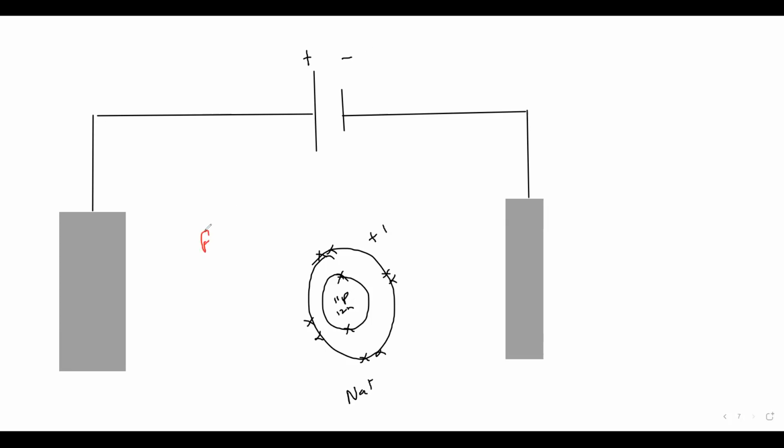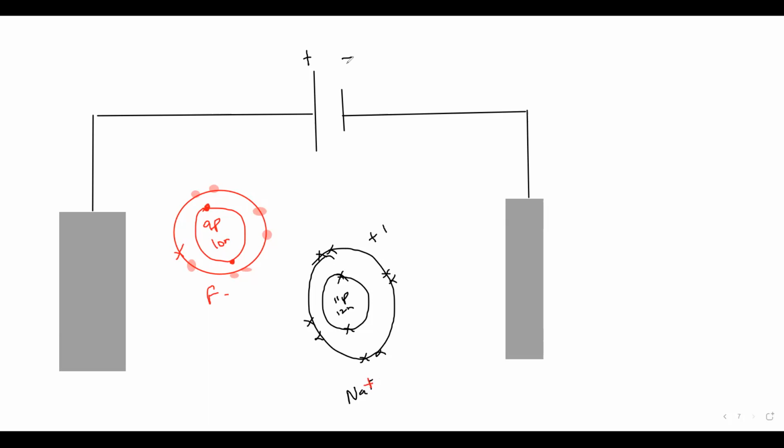So fluorine is having 9 protons, 10 neutrons. First shell it will have, say, 2 electrons. Second shell it will have 7, belongs to fluorine. And 1 it took from the other element, example from sodium. So this is a fluoride ion, this is a sodium ion.